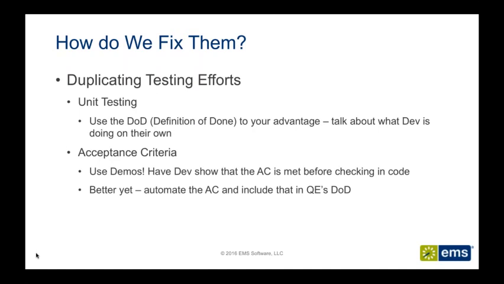So each discipline has their definition of done, so that when dev eventually handed something off and said, this is ready to be tested, the agreement was that they themselves would demo the acceptance criteria, either as part of their code or peer review or as part of their own checks.